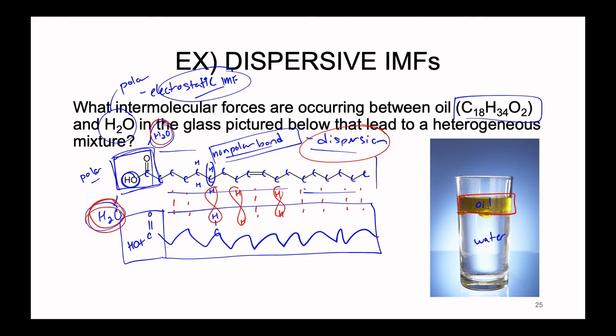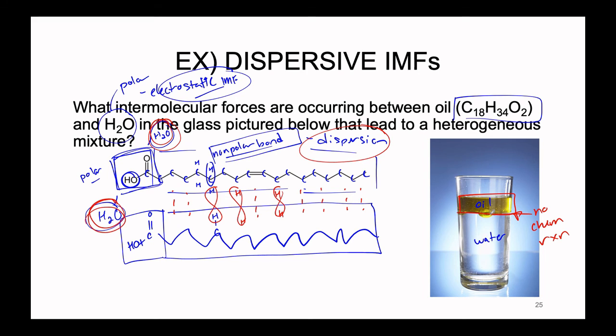It's not to say that the interactions between these little polar sections of the oil molecules and the water are completely non-existent. That's what allows for this stable interaction between oil and water. We do not see a chemical reaction occur between oil and water. The two just kind of hang out one on top of the other.